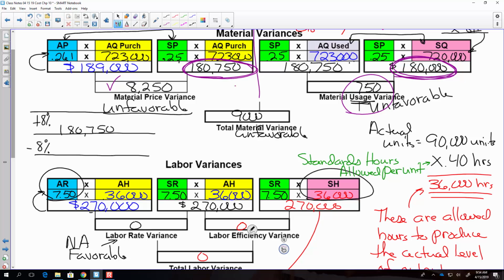Oh, I just used 108. 14,460. Yeah, 14,460. So I'm going to put that in red here.